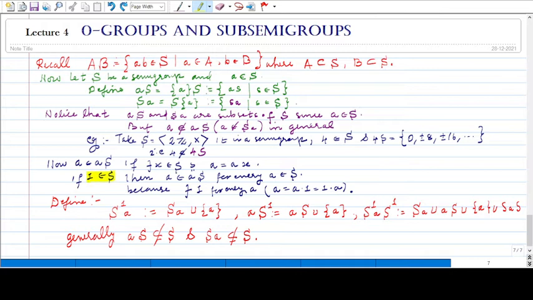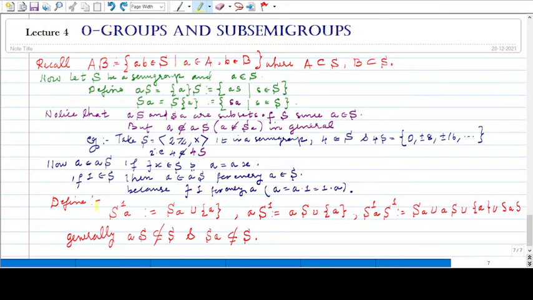If 1 belongs to S, then a belongs to AS. Why? Because for every a belonging to S, we can write a equal to a times 1, which belongs to AS. So in a semigroup with identity, it is always true. Otherwise, it is not. We have seen this.